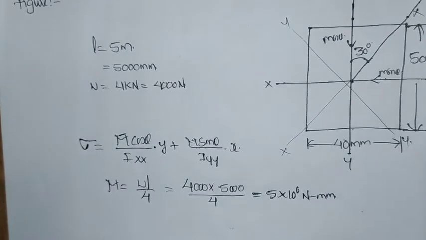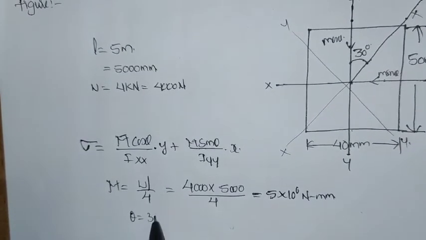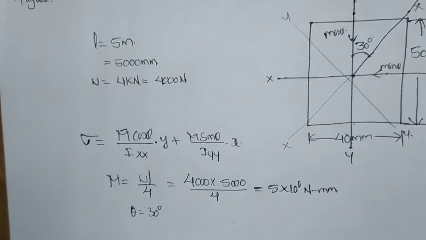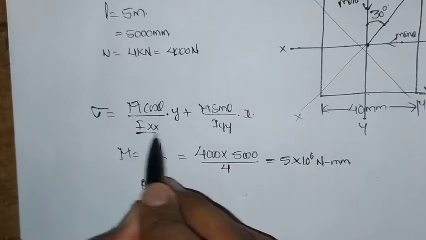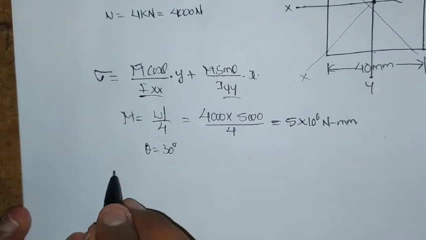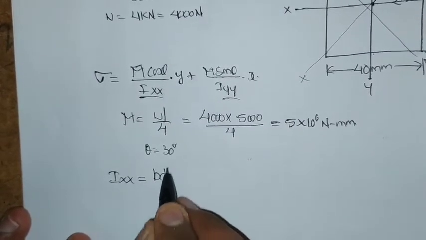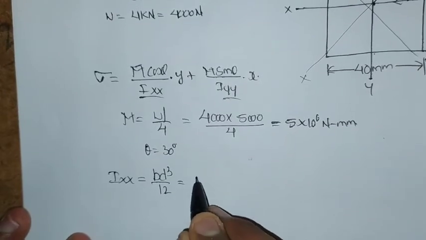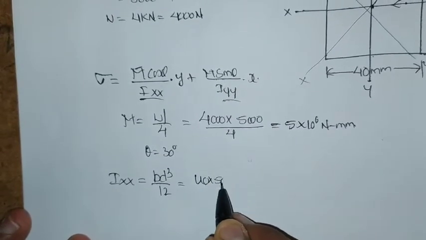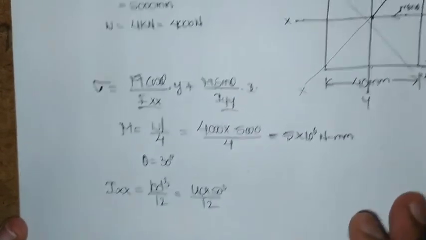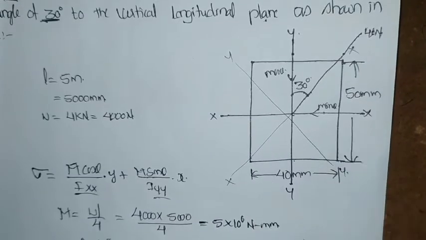The angle theta is given as 30 degrees. Now we will find out the values of Ixx and Iyy. Therefore Ixx is equal to, for a rectangular section the formula is BD cube by 12, that is equal to 40 into 50 cube by 12. Here the section is 40 by 50.